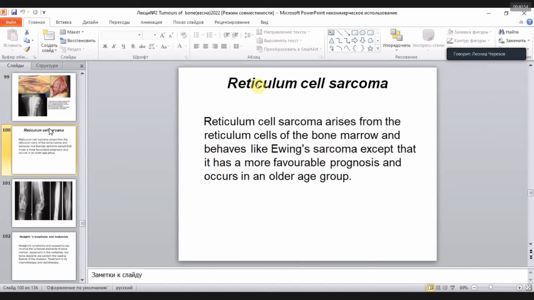If the lesion cannot be resected, treatment must consist of chemotherapy alone, which has a survival rate of 5 to 10%.